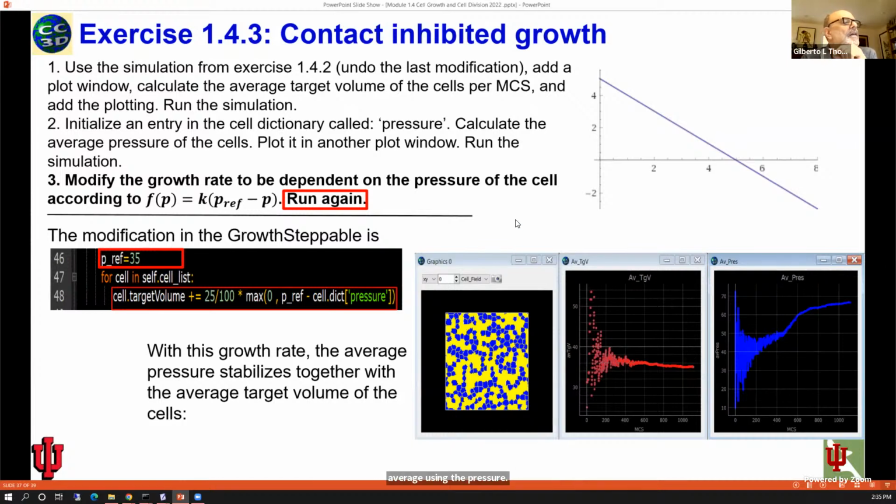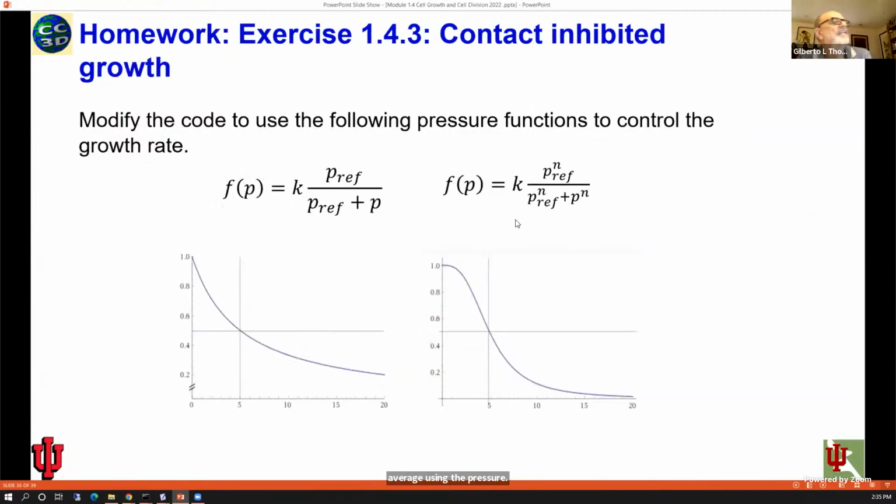Okay. To finish, I would suggest that you do as homework to try those two different functions to control the growth rate. Use these functions: the left one, substitute the previous one, and put the simulation to run. This is the behavior of the simulation as a function of the pressure.